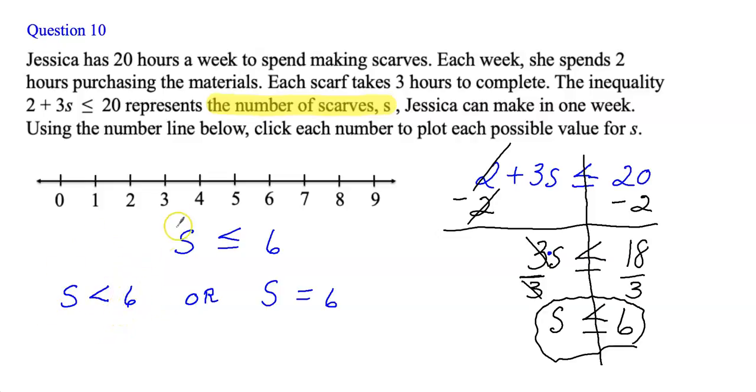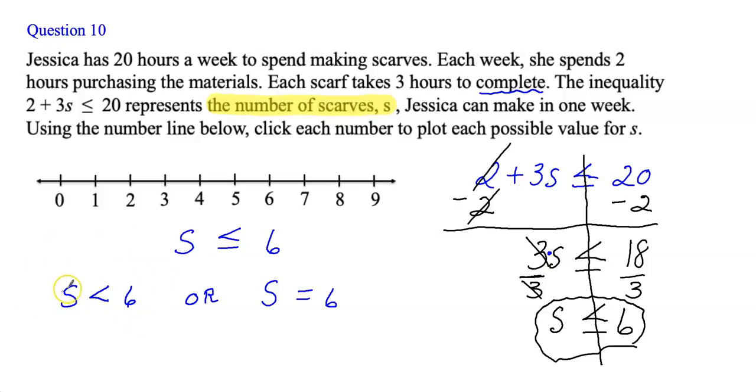We're only looking at scarves that Jessica completed. And when you complete something, it's a whole number. So she could complete maybe 2 scarves or 4 scarves. You wouldn't say she completed 4.5 scarves. So we're only looking at whole numbers here. So keep that in mind when I do this.